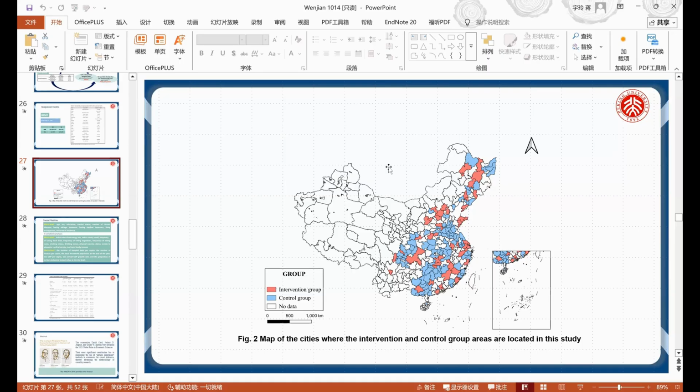Subsequently, they were recommended by their respective provincial authorities. This is the process of selecting the pilot cities.